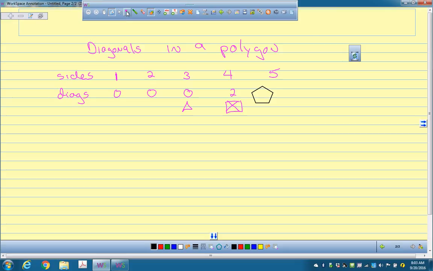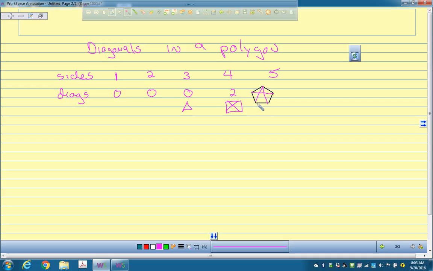Let's see how many diagonals I have. 1, 2, 3, 4. Does this symbolize something? I don't know. Isn't that like the anarchy symbol? It's just a star. Okay. So how many diagonals can I have with 5 sides? 5, right? 5 diagonals.